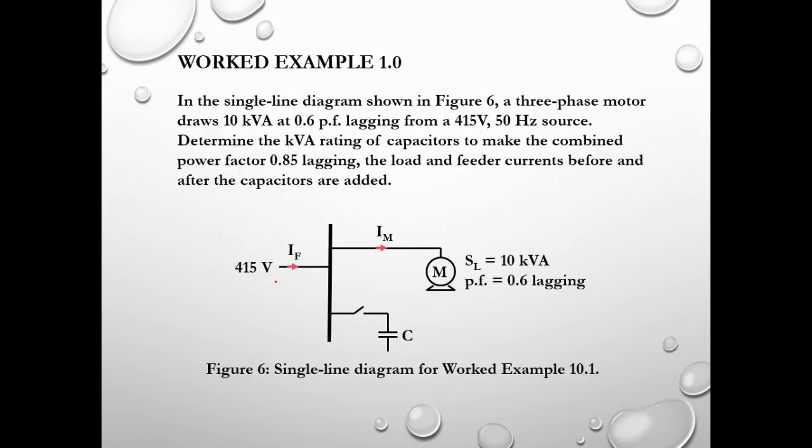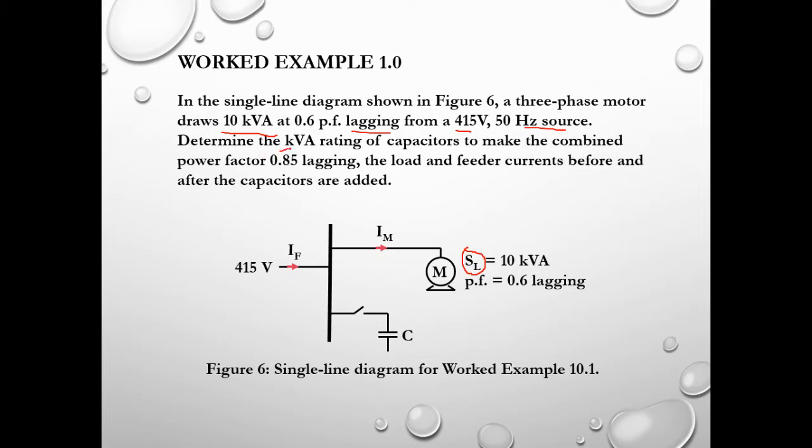Worked example 1.0. In the single line diagram shown in figure 6, a three-phase motor draws 10 kVA. This is the S value, the apparent value or the complex power value, at 0.6 power factor lagging from a 415 volt 50 Hz source.